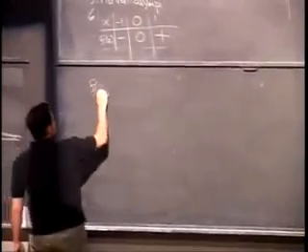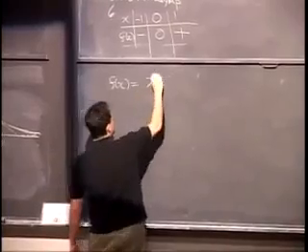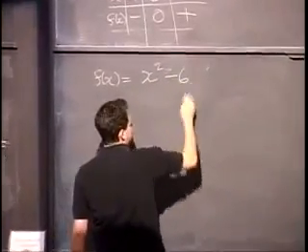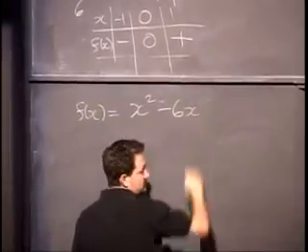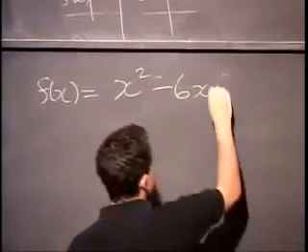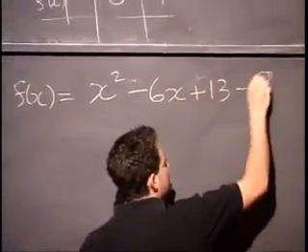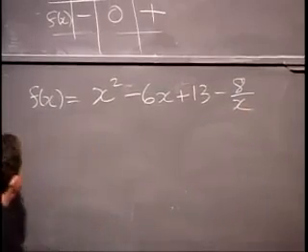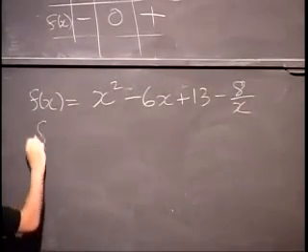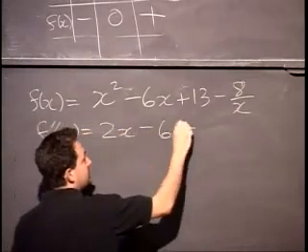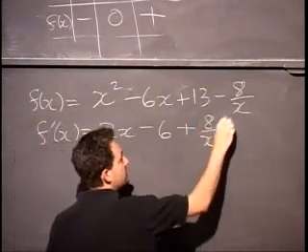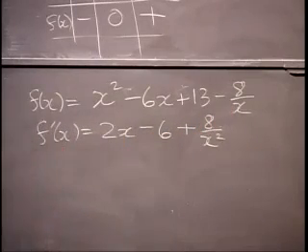So let's write f of x in that same way as x squared minus 6x plus 13 minus 8 over x. And for step 8, we need to look at the derivative. You get 2x minus 6 plus 8 over x squared. Remember, the derivative of 1 over x is negative 1 over x squared.